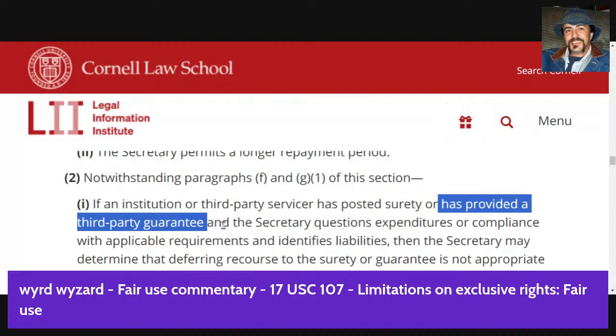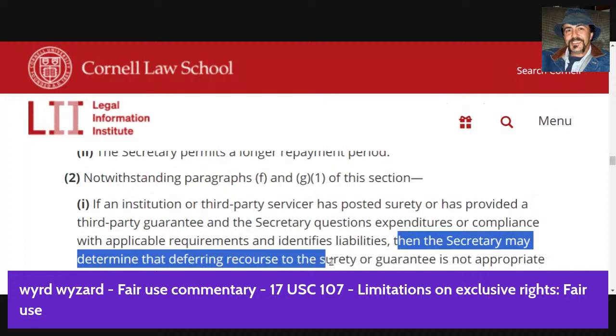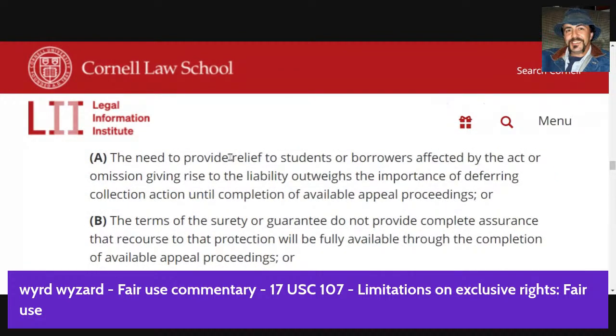And the Secretary questions expenditures or compliance with applicable requirements and identifies liabilities, then the Secretary may determine that deferring recourse to the surety or guarantee is not appropriate because the need to provide relief to students or borrowers affected by the act or omission giving rise to the liability outweighs the importance of deferring collection action until completion of available appeal or proceedings.